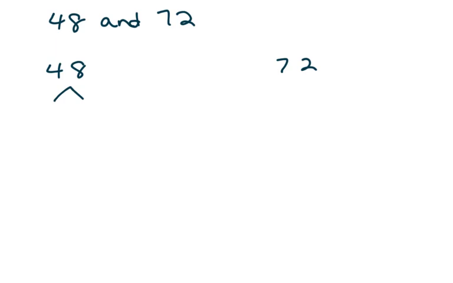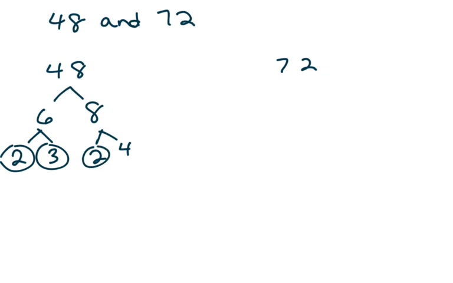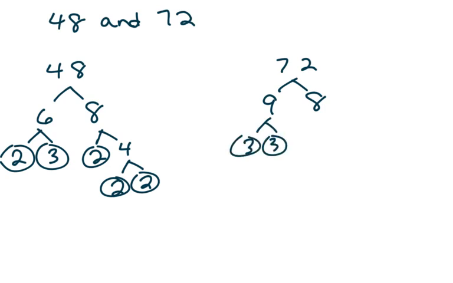So 48, you can break this up in any way, but let's say 6 times 8. 6 then breaks down to 2 and 3, which are primes. 8 breaks down to 2 and 4, 2 being a prime. 4 breaks down further to 2 and 2. 72 can break down to 9 times 8. 9 breaks down to 3 times 3, which are both primes. 8 is 2 times 4, 2 being a prime, and 4 being 2 times 2.